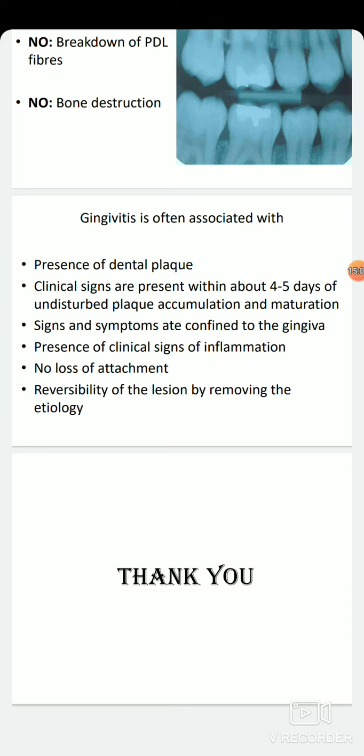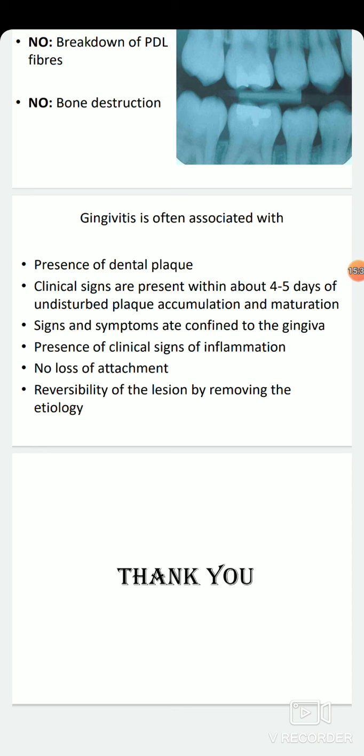Based on the anatomical parts of gingiva involved, it can be classified as marginal, papillary, and diffuse gingivitis. And based on localization or distribution of the disease, it is classified into localized and generalized.